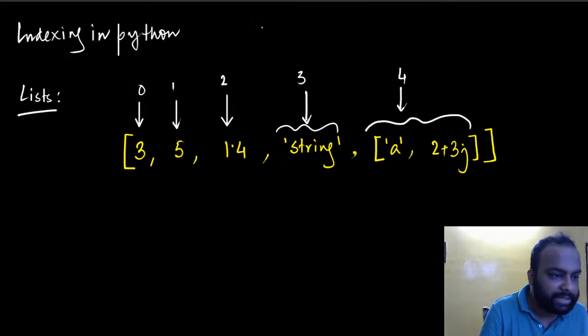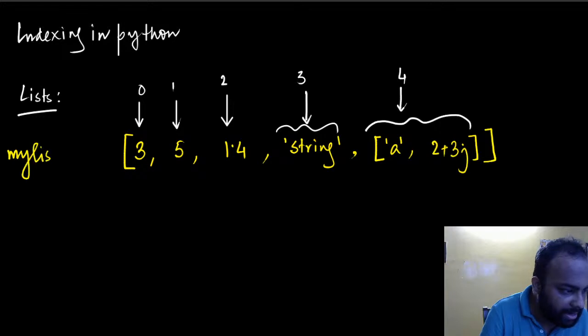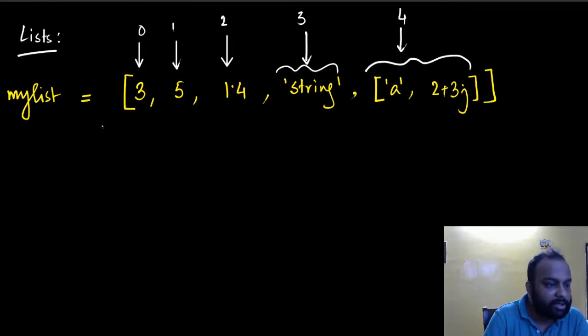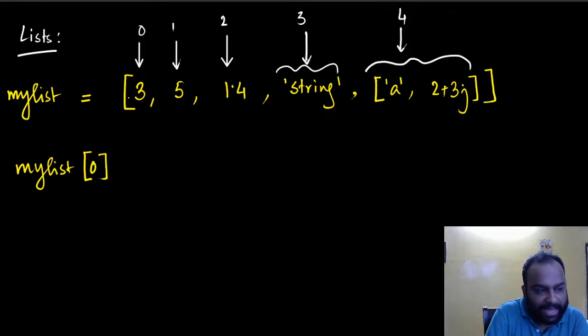Now the name of this list was simply my list, and I can access individual elements by their list indices. So if I say my list, and within square brackets I pass in 0, then the 0th element is returned.